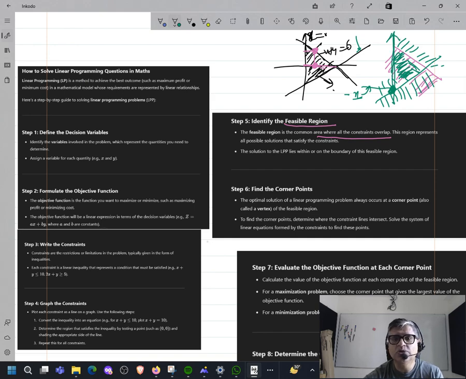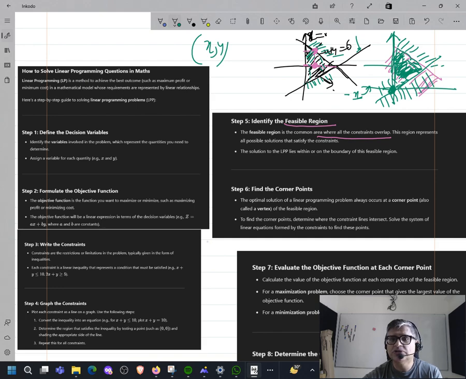So you draw two lines, you draw a shade on this side, then you draw the second line, draw the shading here and on the other side, and see where the common overlap is. The overlap is happening here. This is the area where you will find those x and y combinations where, for example, there is a possibility of getting maximum profit.